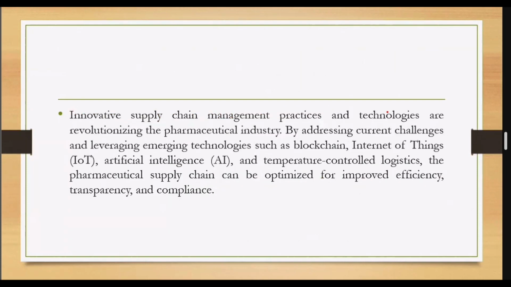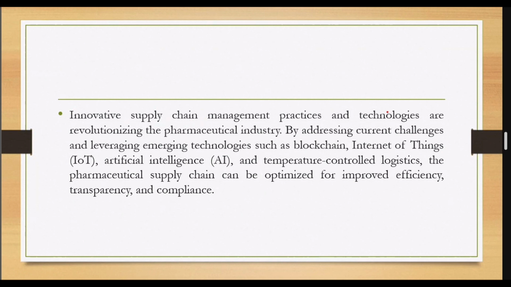But now the pharmaceutical industry is in a post-COVID environment. In the COVID environment, a lot of disruptions happened. Supply shocks: there was demand, but no supply because of transportation problems, or everything was at a standstill, with no activity and no supply.